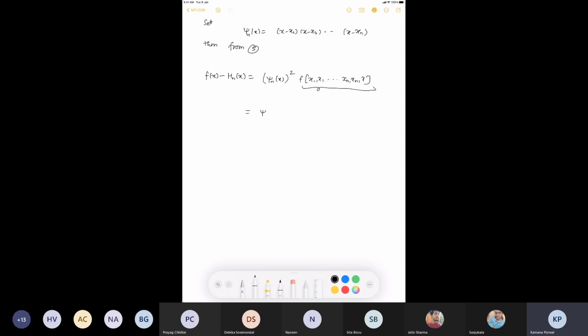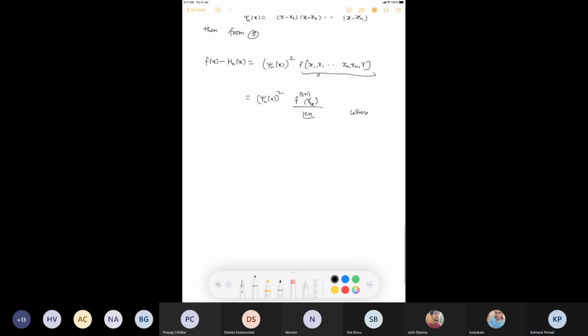So if we use that relation between the divided differences and the derivative of the function, this is the same as the 2nth derivative of f evaluated at some xi divided by factorial 2n, where xi lies in the smallest interval.